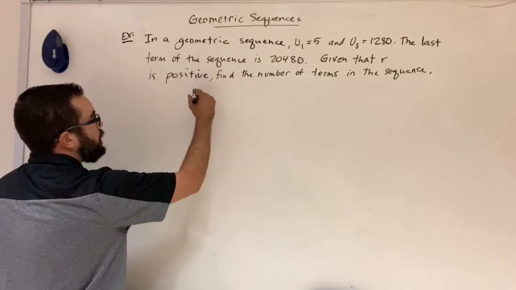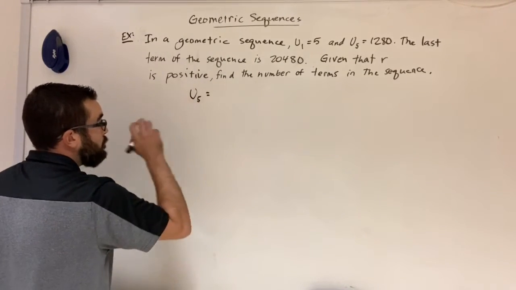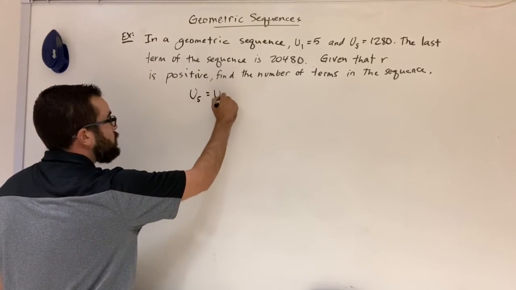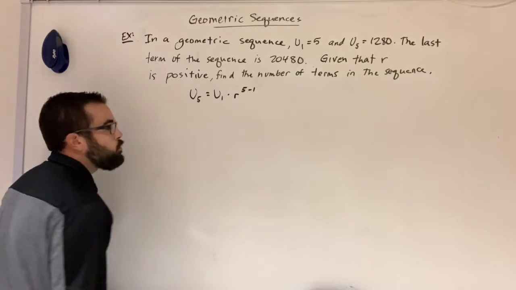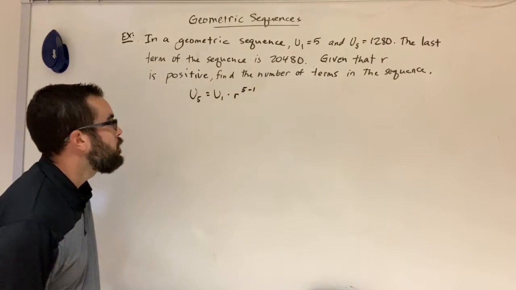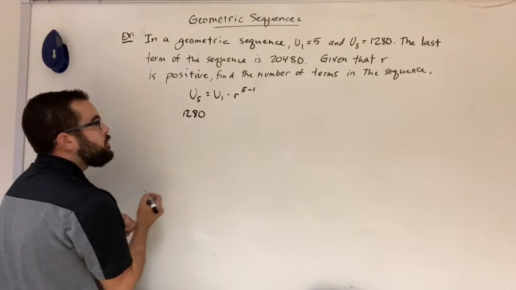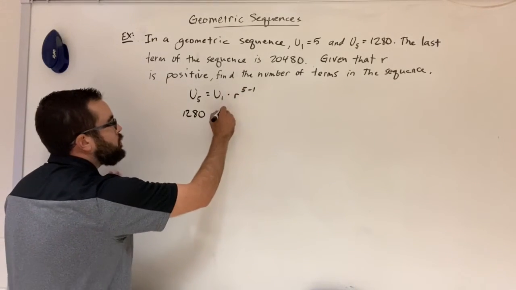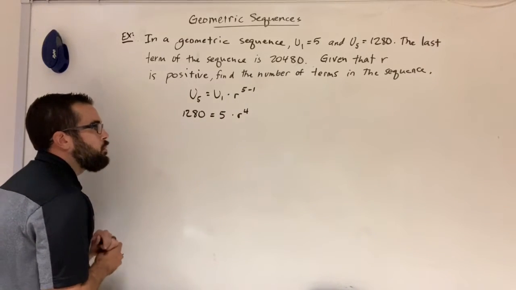So we know that to get U sub 5, we'd have to multiply U sub 1 times R to the 5 minus 1 power. All right, so U sub 5 is 1,280. U sub 1 is 5. And we have R to the 4th power.